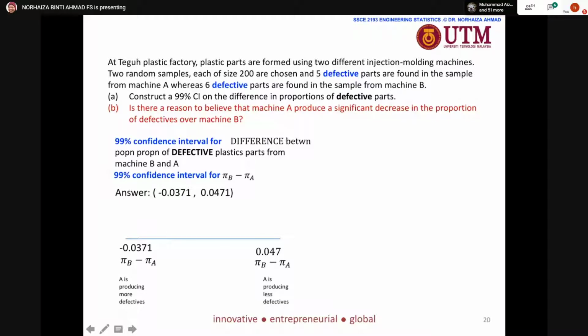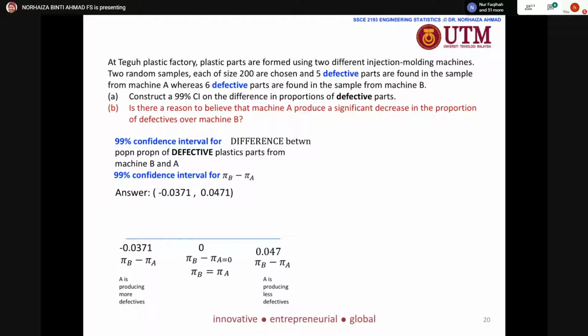So still I can't know whether it has a significant decrease or not. But what I do know is that it has a zero here. If it has a zero here, that means pi b would be equal to pi a. So that would defy the claim of a significant decrease, because there's a possibility that it's going to be the same anyway. So therefore, A would not be more superior than B.